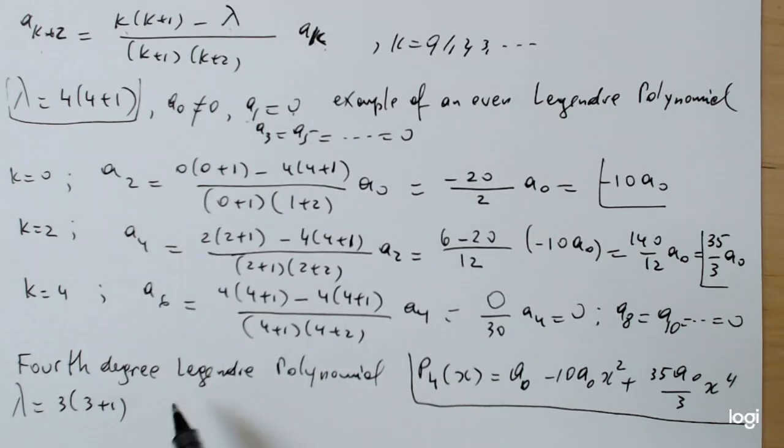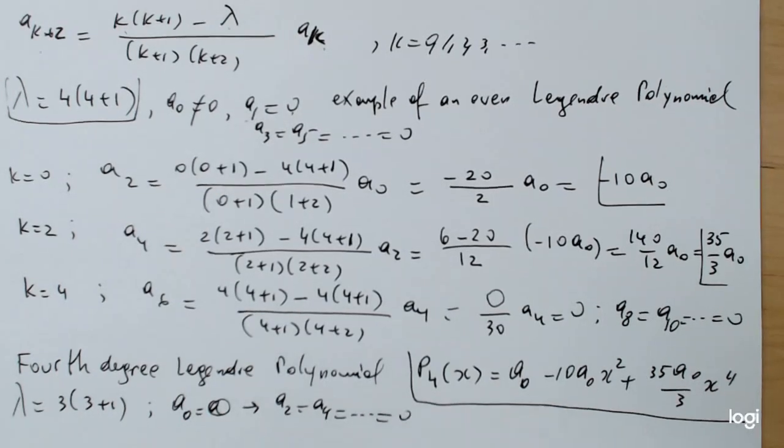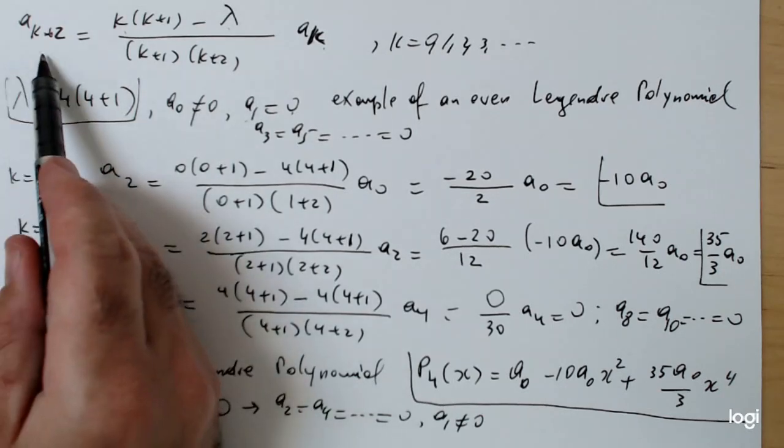And for the summation to stop, this time around, I'm going to assume A0 equals 0, which will imply immediately that all the even coefficients are 0, and A1 not equal to 0. So I'm going to have A3 as the next point to determine.